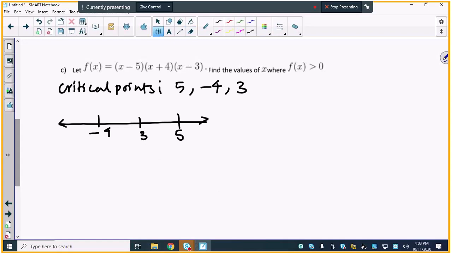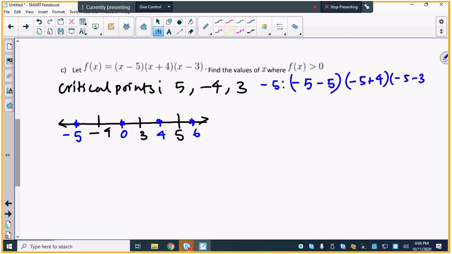Testing points, so they will be negative 5, I can take 0, can take 4, and say 6. At negative 5, you will get negative 5 minus 5 times negative 5 plus 4 times negative 5 minus 3. So you get negative, negative, negative, 3 of them, so sign will be negative.